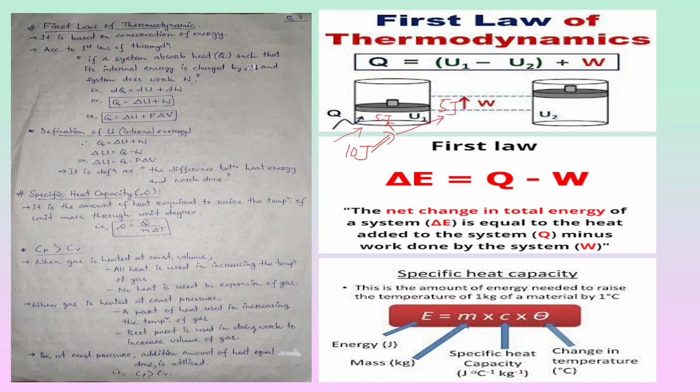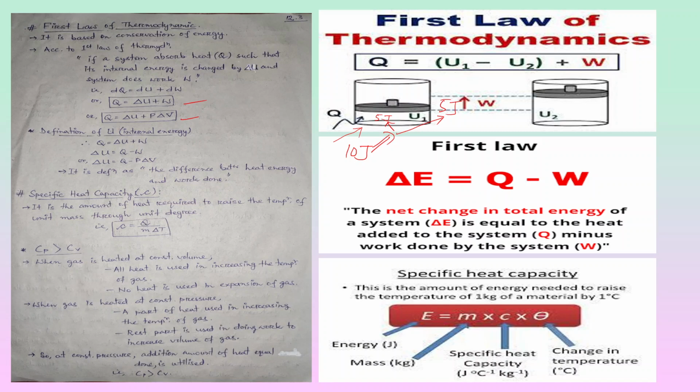Here, if a system absorbs heat such that internal energy is changed and the system does work, their relation we get, that is Q equal to change in internal energy plus work done, and we know work done is also expressed in terms of pressure and change in volume. So that is our first law of thermodynamics, and from the first law we can define internal energy.